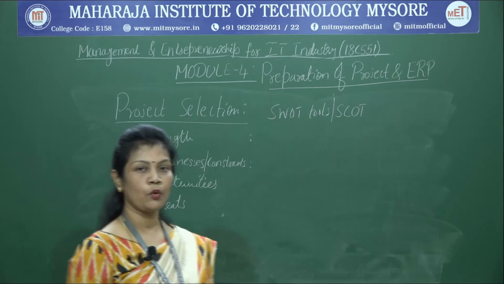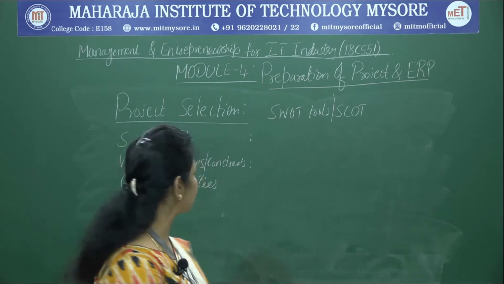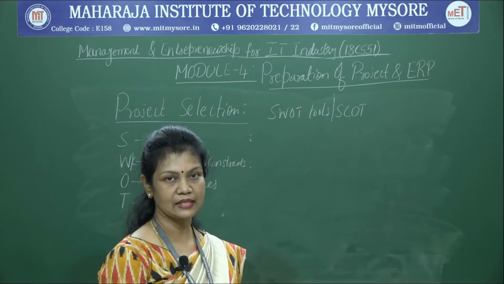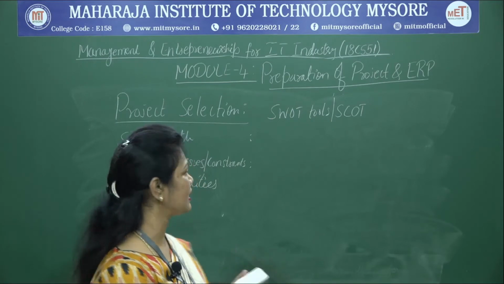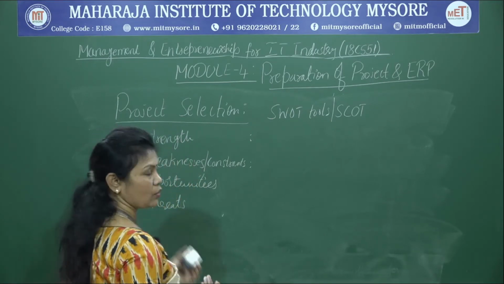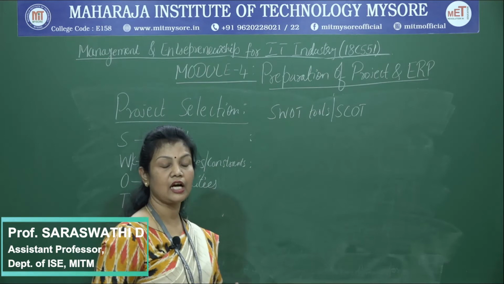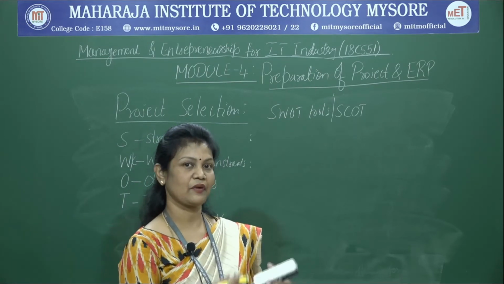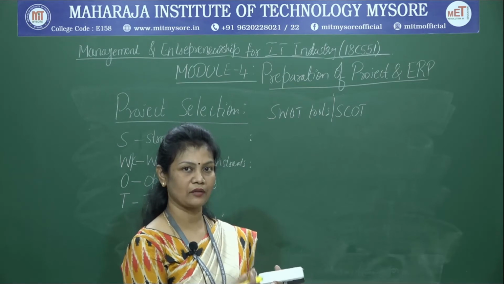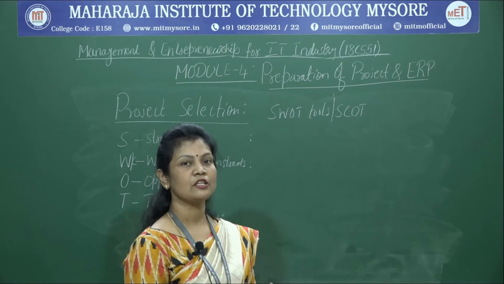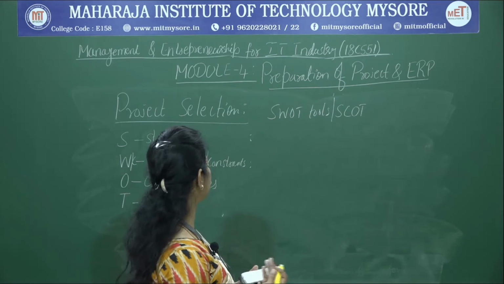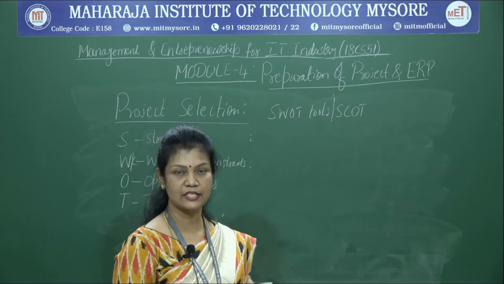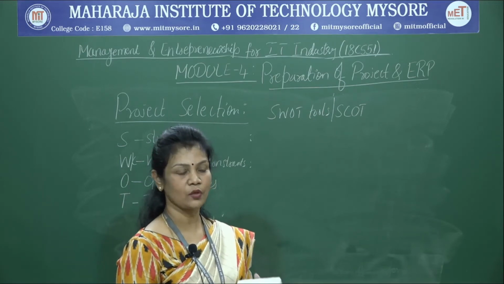So here, what are the strengths, weaknesses, opportunities and threats related with the project and the entrepreneur when they select a project needs to be analyzed. If I take project number 1 which has been identified by me, what are its strengths, weaknesses, opportunities and threats needs to be analyzed by the entrepreneur.